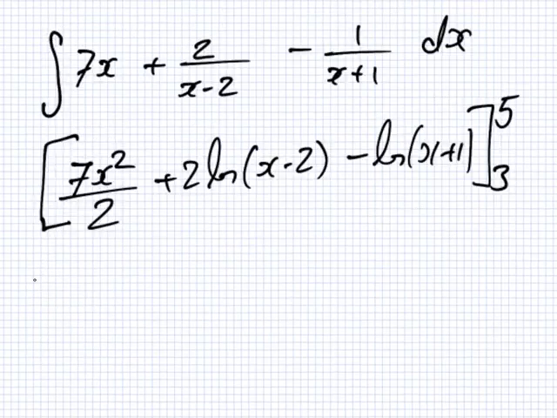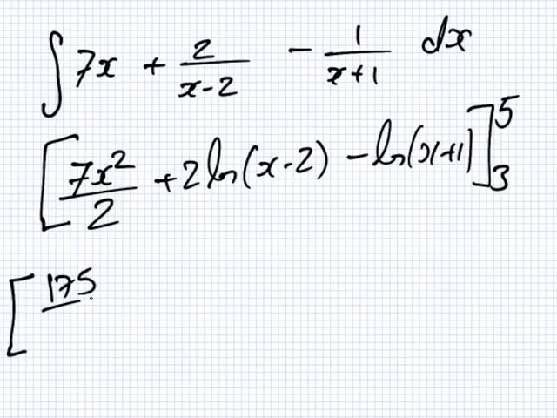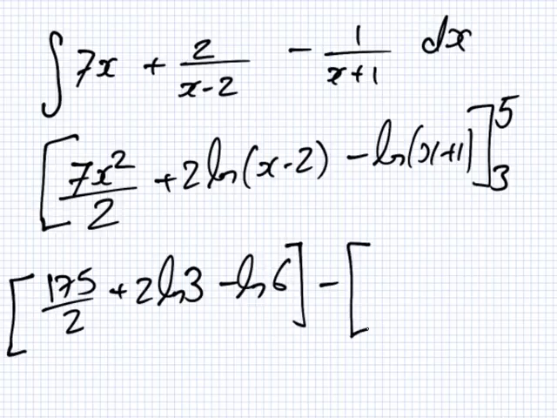So we'll put in 5 first, and we'll get 5 squared is 25. 25 times 7 is 175. Plus 2 log 3 minus log 6, minus, and then 3 squared is 9 times 7 is 63 over 2 plus 2 log 1 minus log 4.